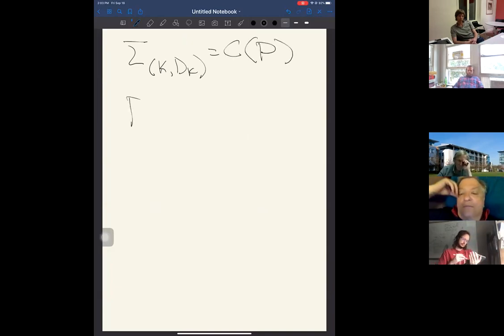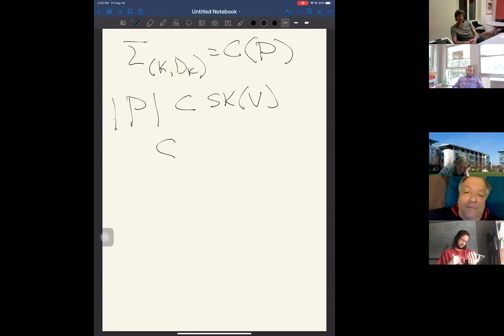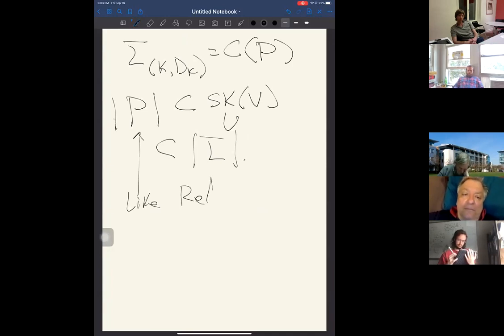This polygon, at least the underlying set, naturally lives in the skeleton of V. It's like a reflexive polytope. I mean, there's no affine structure here. This is just a piecewise linear thing, but it looks like a polygon.